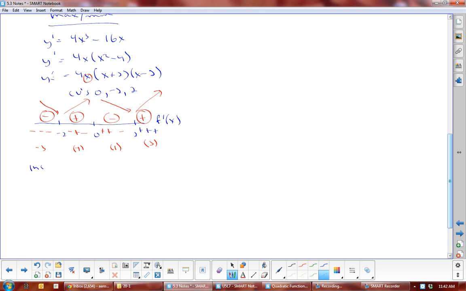You're increasing on negative 2 comma 0 union 2 comma infinity. You're decreasing on negative infinity comma negative 2 and 0 comma 2.